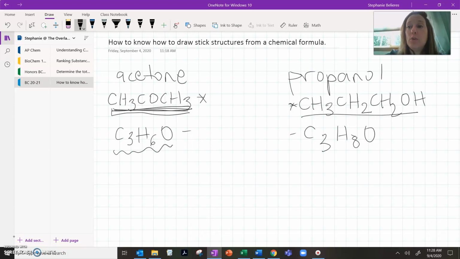One functional group that you're probably familiar with is the hydroxide or hydroxyl functional group, and that's when you have an oxygen attached to a hydrogen. You saw that a lot last year in freshman year when you were doing dehydration synthesis.